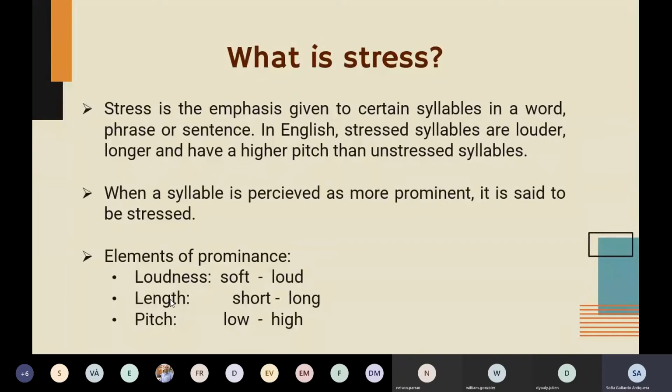That means you can recognize it more easily. Within the elements of prominence, we have loudness, length, and pitch. Loudness could be divided into soft or loud, length into short or long, and pitch into low or high. Is it clear? Do you have any doubts? Yes, it's very clear. Okay, perfect. Thank you, Daniela.